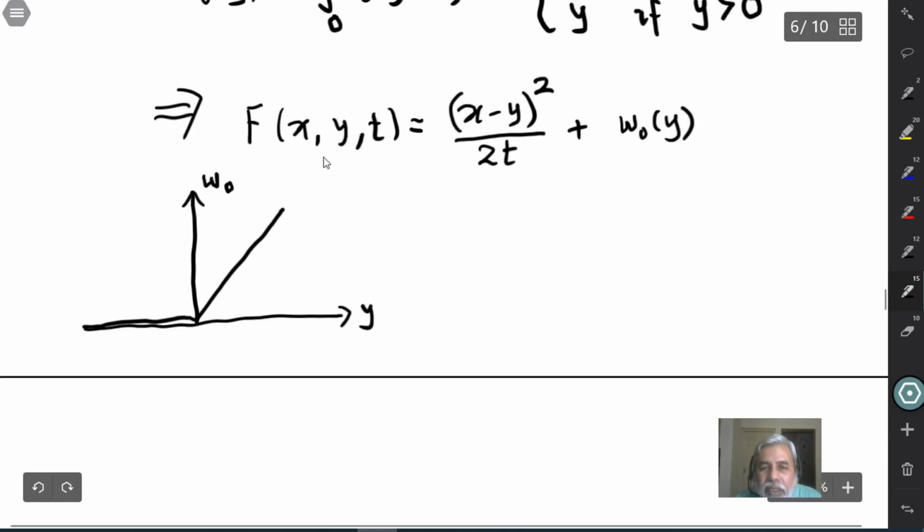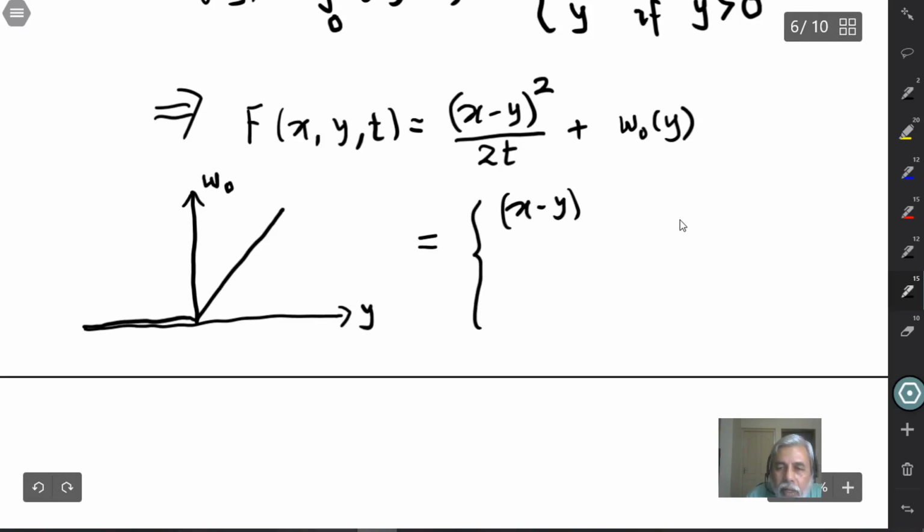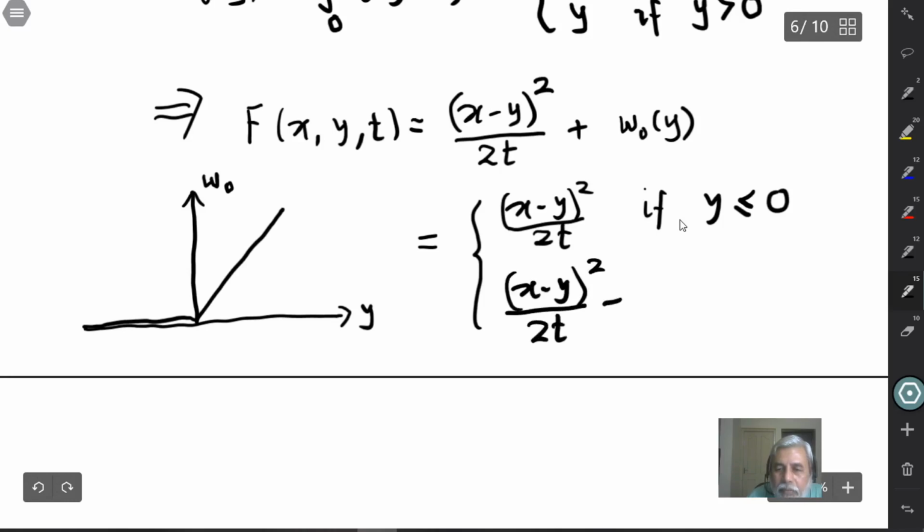In fact, it's a very good exercise. You do need some calculus here, but you also need to analyze this. So explicitly written, this has two parts: x minus y square by 2t if y is less than or equal to 0, and x minus y square by 2t plus y if y is positive.